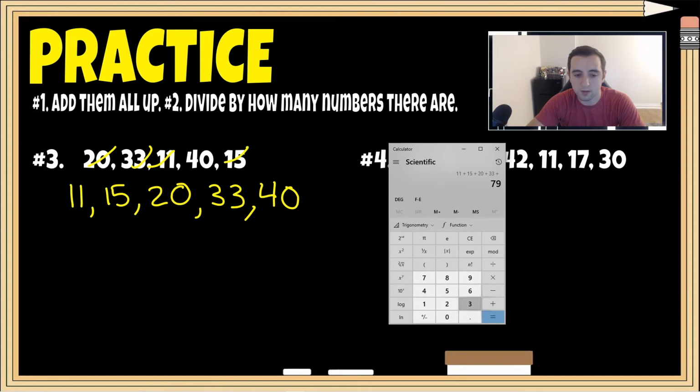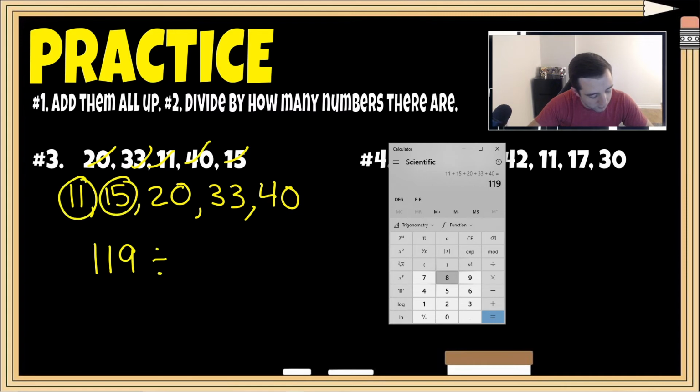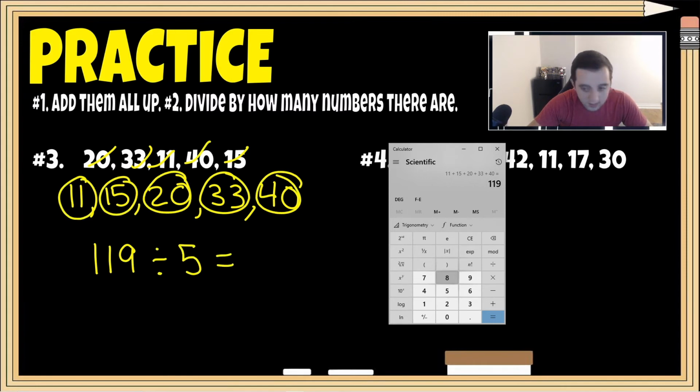Then we got 33 and 40. So we get 119 as our sum. And then we want to divide by how many numbers are in our list. So we have 1, 2, 3, 4, 5. So let's divide by 5. And we end up getting a mean or an average of 23 and 8/10.